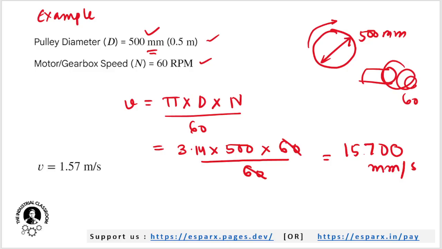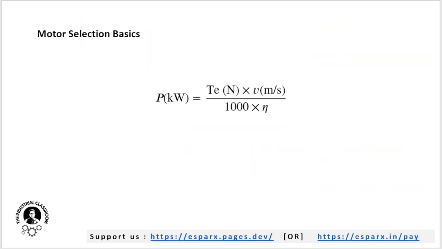Now to convert it into meter, we remove these zeros. Did we do it all correct? So the correct result is that the linear velocity is equal to 1.57 meter per second.